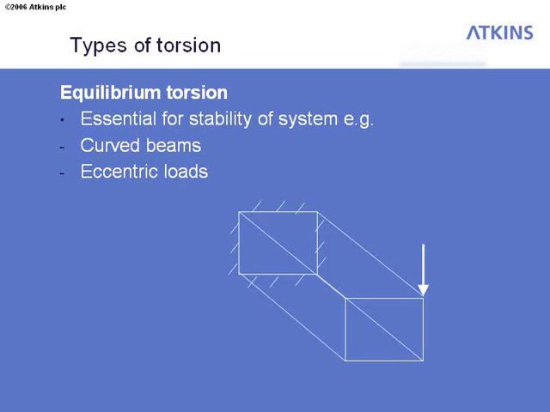Since that's necessary for equilibrium, that's what the Eurocode refers to as equilibrium torsion. That also applies to things like curved beams, where as you move around the curve, a bending moment turns into a torsion. You have to have that torsional strength and stiffness for stability of the curved beam. It's not just enough to have bending strength.